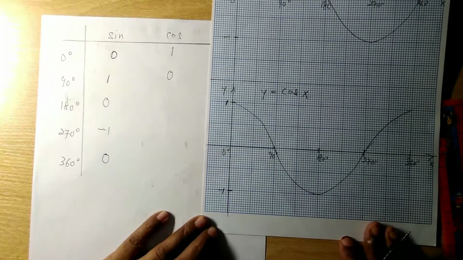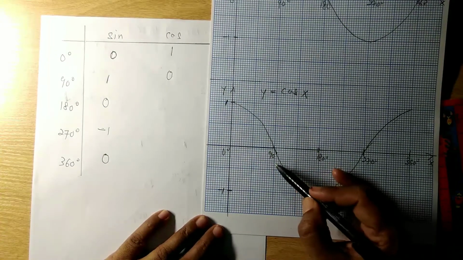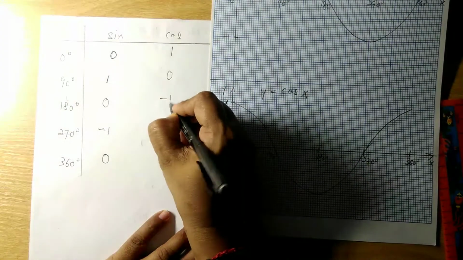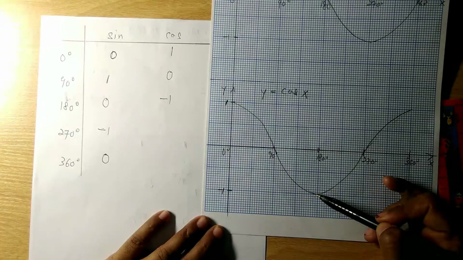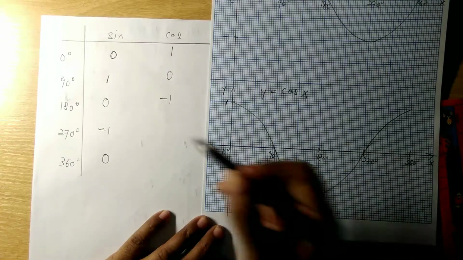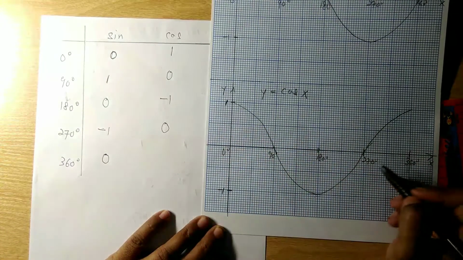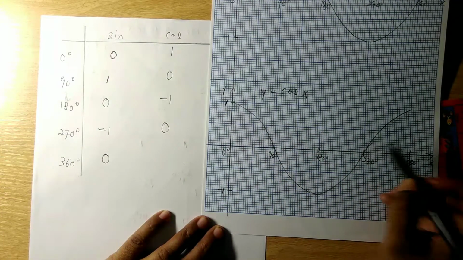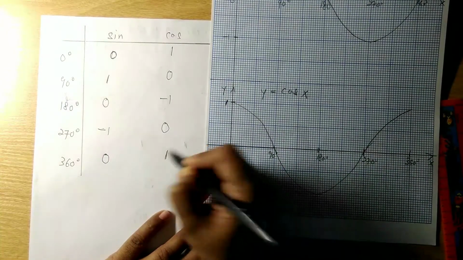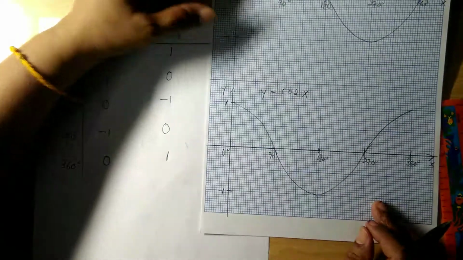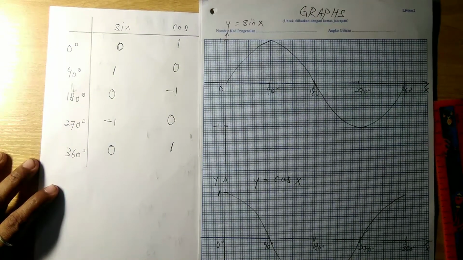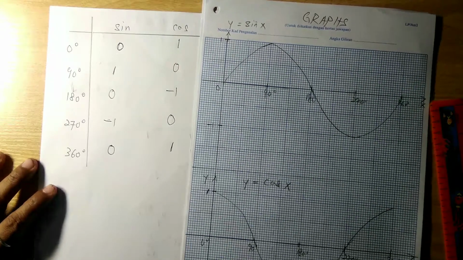At 180 degrees, it comes down further to -1. At 270 degrees, it goes up again, so it becomes 0, from -1 to 0. And at 360, it goes further up to 1. So I repeat again, the amplitude for both the sine graph and the cos graph is 1.